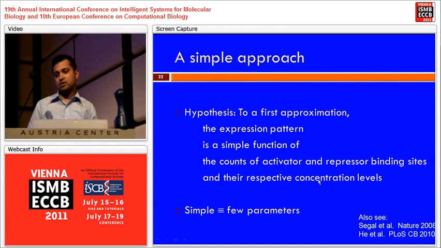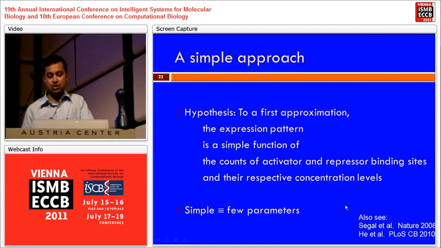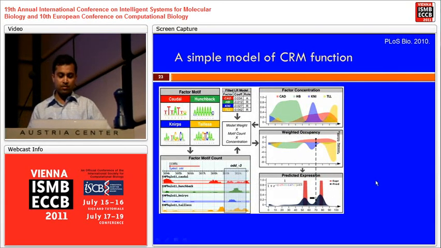In particular, it's going to be a generalized linear model. One way to look at it is that there are fewer parameters involved as opposed to some other models that have been published recently, which use statistical thermodynamics, and we've been working on such models as well. But what I'm going to talk about here is this simple logistic regression-based model. So I'll spend some time on explaining how the model works.